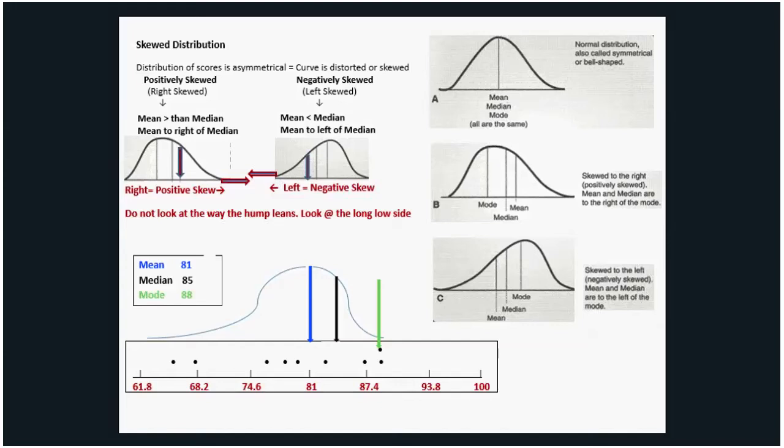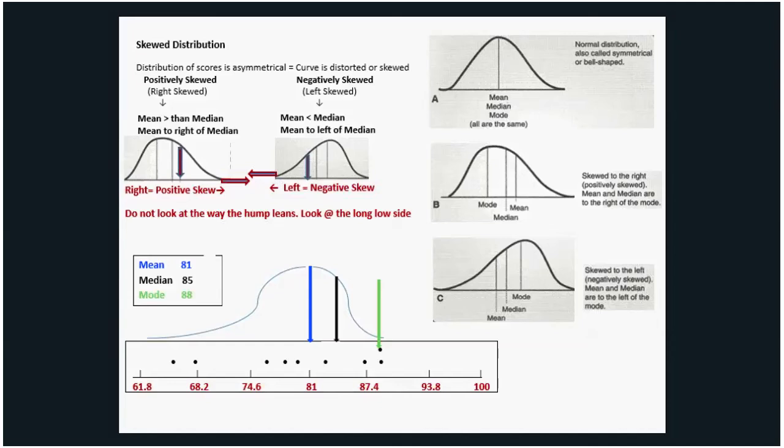If this was the mode and these were the mean and the median, then this curve would be going this way and we'd be skiing out to the right, and that's going to end up being positively skewed. I think probably what they'll ask is more along the lines of giving you a picture like the small pictures above, and they'll ask you, is this a right or a left skewed distribution of scores?